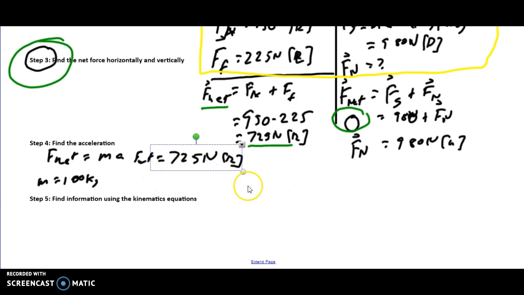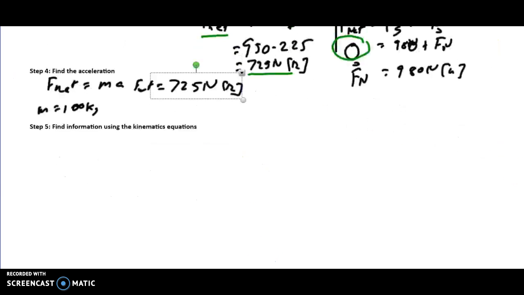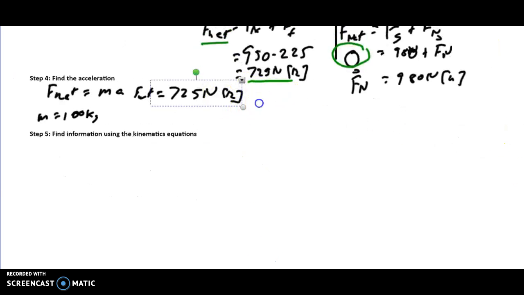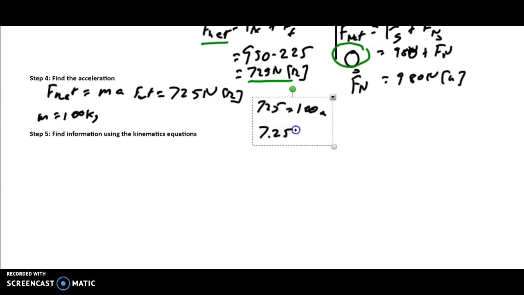Therefore, if we plug it into this equation, that's going to be 725 equals 100a, which means my acceleration is going to be 7.25 meters per second squared to the right.